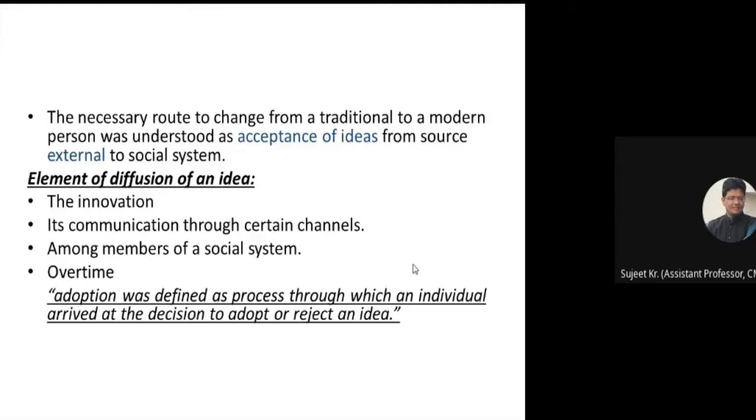That's why we are talking about the process. We are not talking about how many people have adopted it or how many have rejected it. Those who rejected it have also gone through the same process, right? So adoption means going through a process, right?